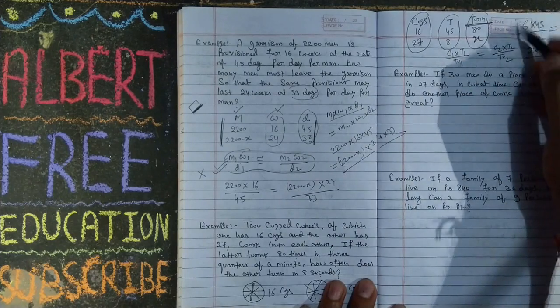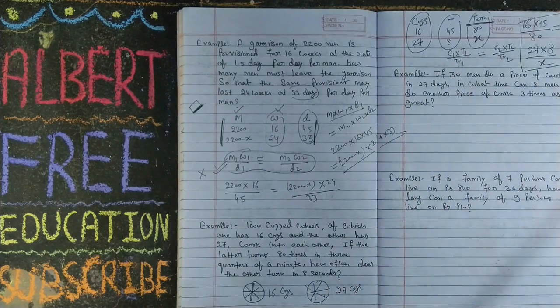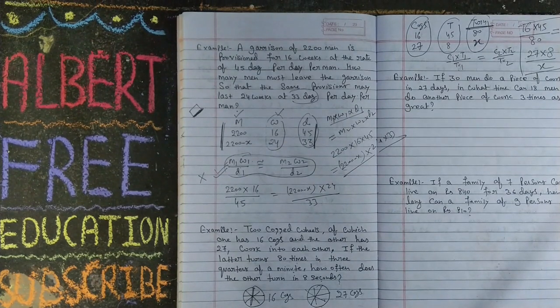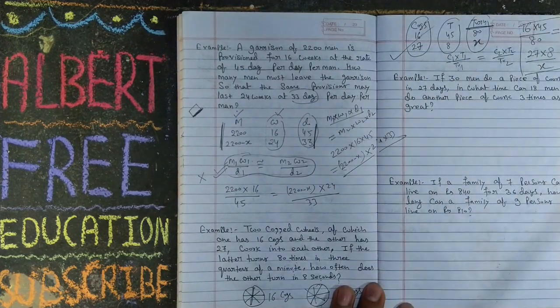Now you can solve it. Very simple. Your x will be 27 into 8 into 80 upon 16 into 45. This is very, very simple.